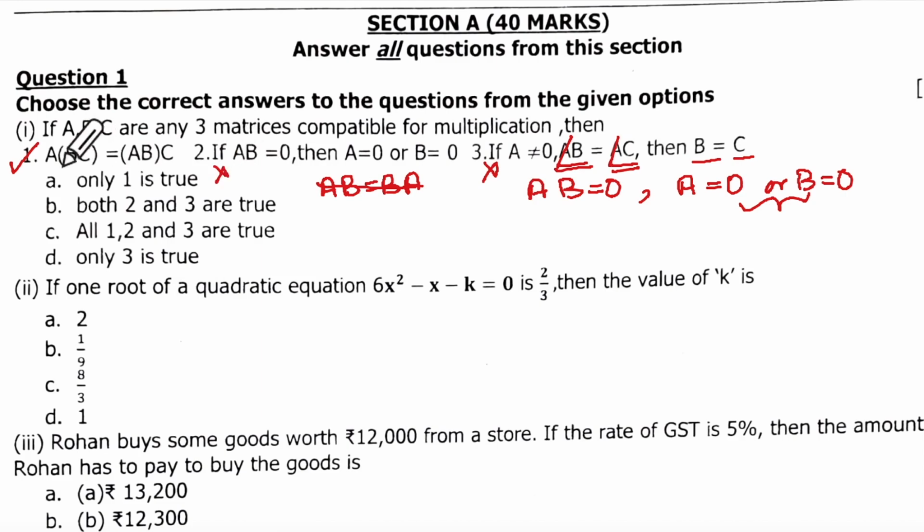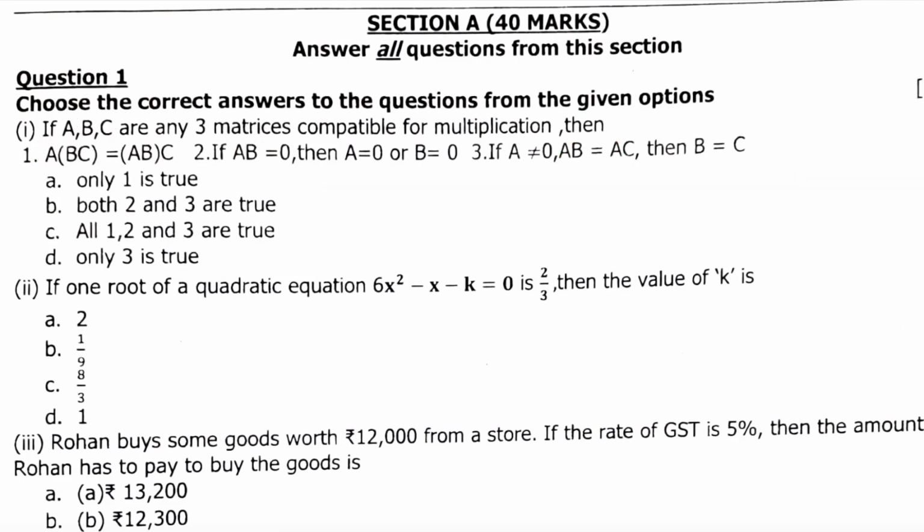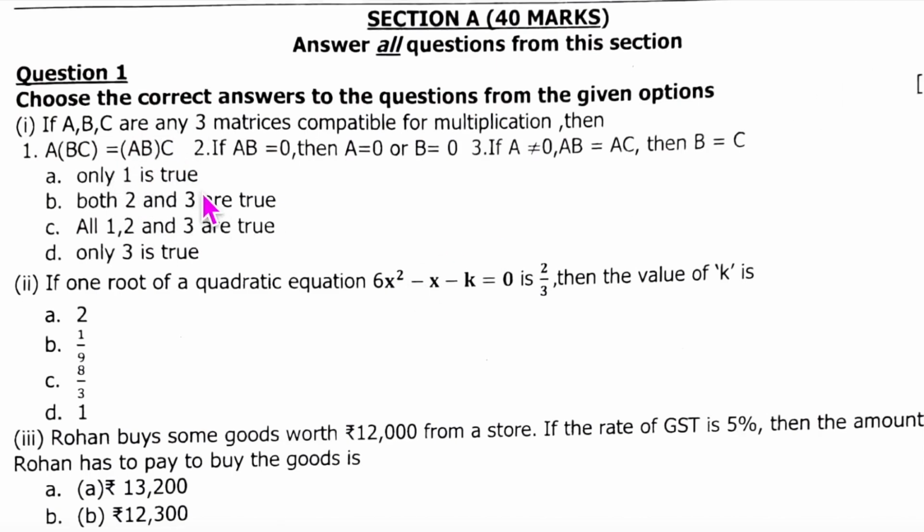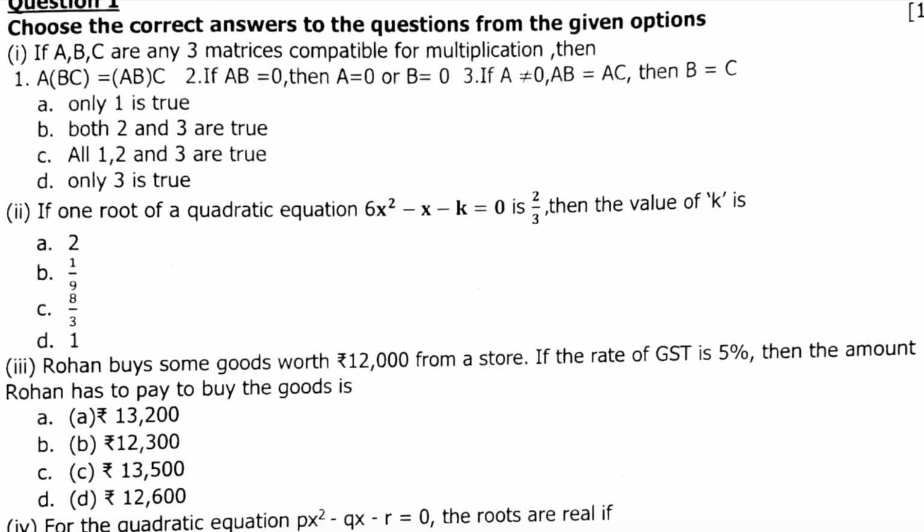This also is not correct, but yes, it is associative. So only one is the correct one. If you found this confusing, then your homework is to look through all the rules of matrices, understand them, and revise them.